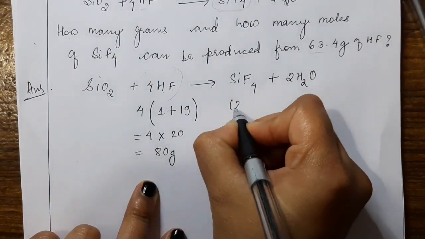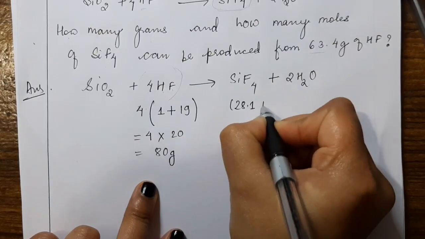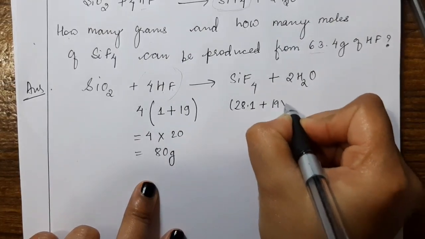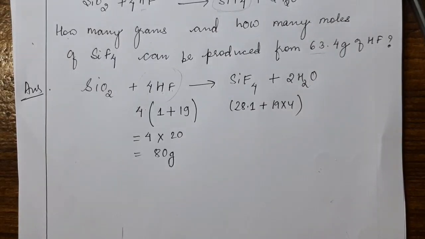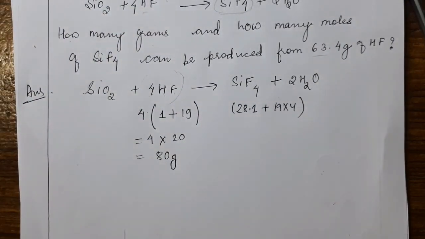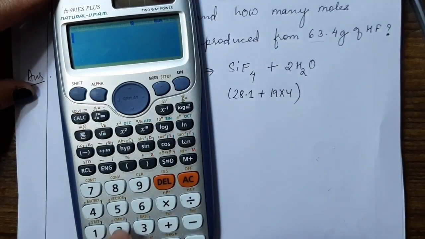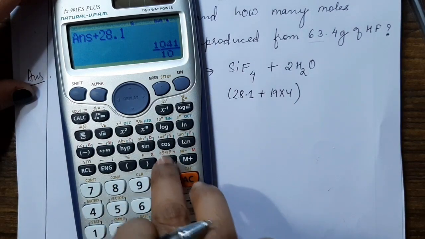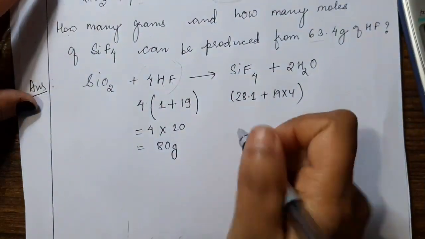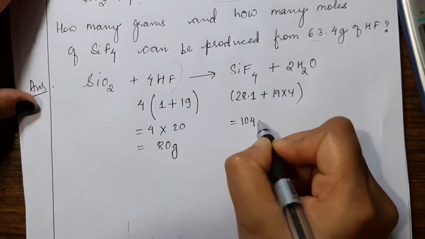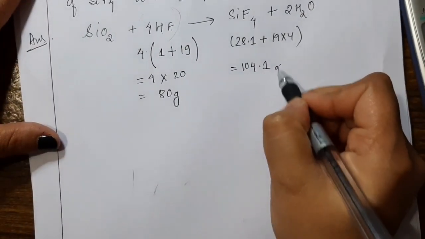Then SiF4: silicon is 28.1, plus fluorine 19 into 4. That equals 19 into 4 plus 28.1, which is 104.1 grams.